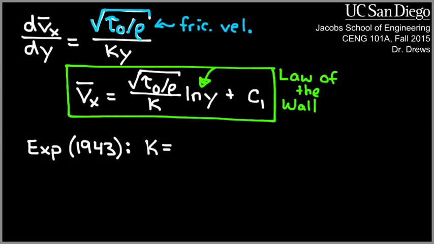He found that K was approximately 0.4 near the wall. So hooray, we measured one of those constants. We were still stuck, however, with this other unknown constant, C1. That required quite a bit more work, a lot more experiments to finally find forms for C1, and we got a lot of different forms for them.